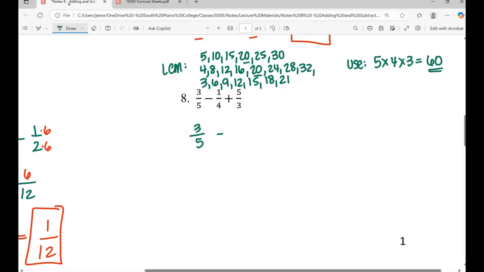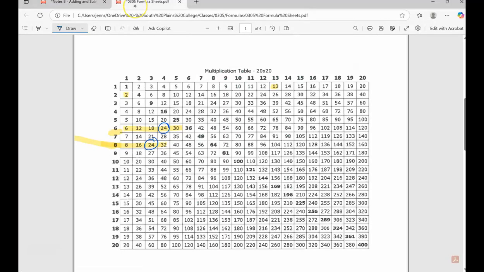So once again, all of them are going to have to change. So give yourself some space. Common denominator here is going to be 60. So in my 5 row, let's come over here.